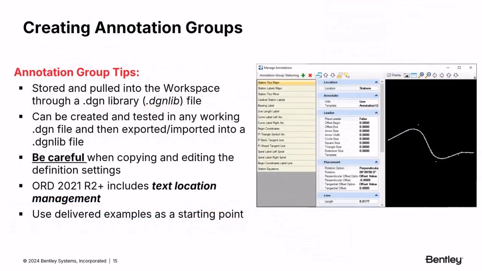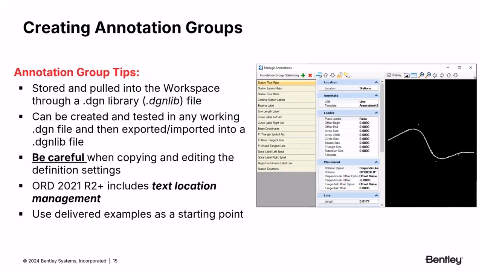All right. So in general here, several annotation group tips, again similar to text favorites. They're stored in, or pulled from, a DGN library. So when you use an annotation group, it actually gets branded to your file.